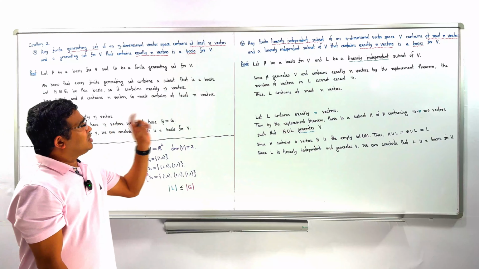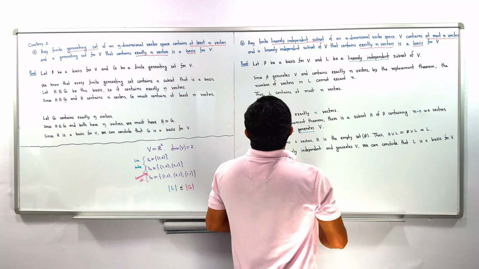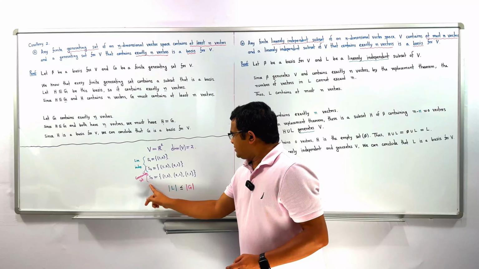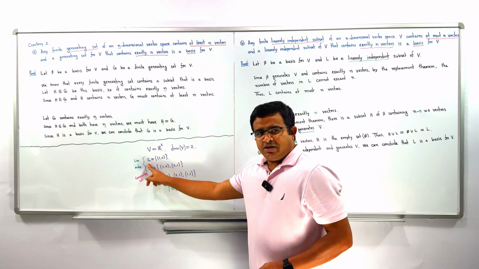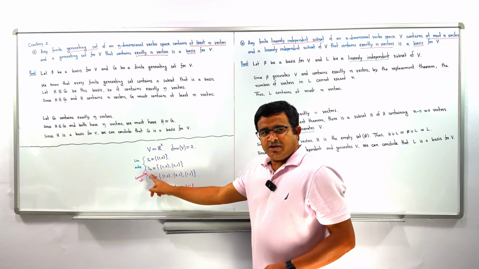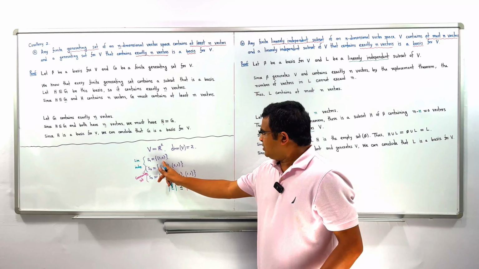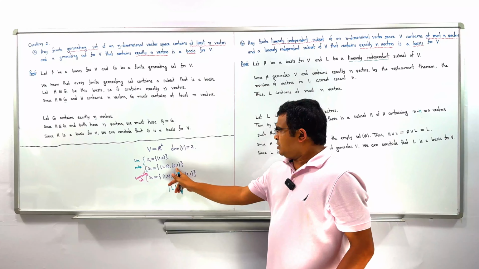Now, we can come to B. Again here we have 3 sets S1, S2, S3. S1 is linearly independent, S2 is linearly independent, but S3 is not. S1 has 1 vector, S2 has 2 vectors.